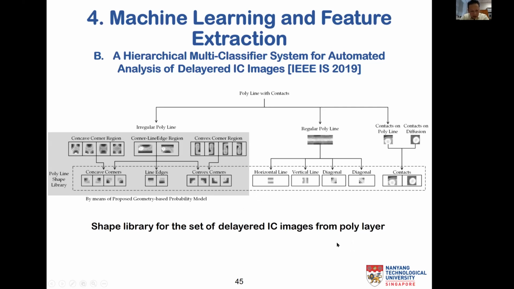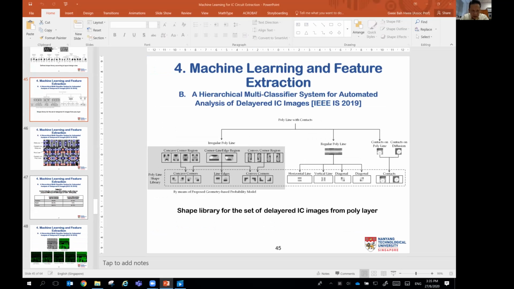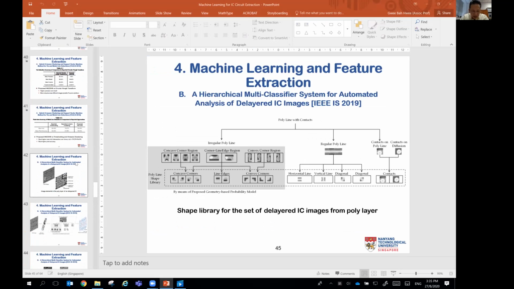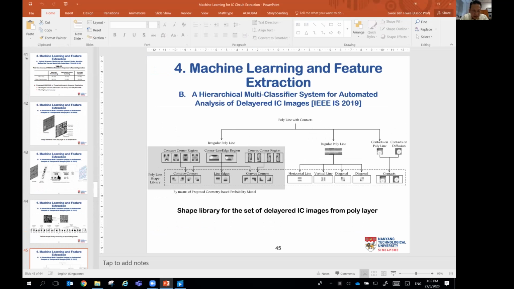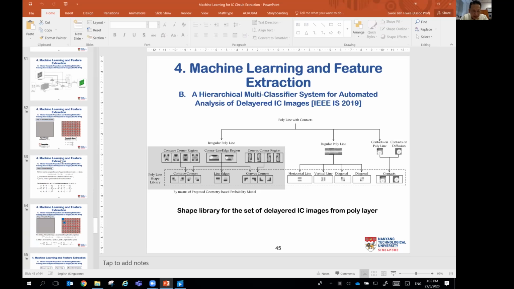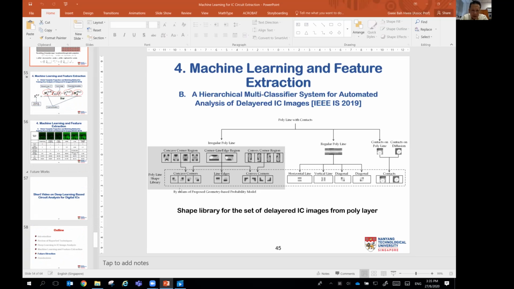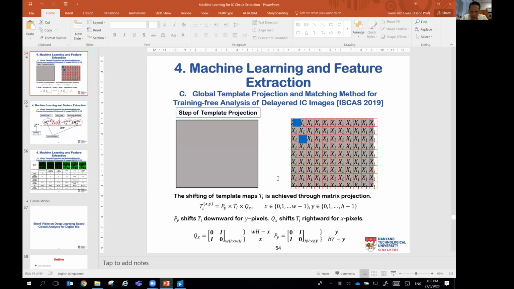Okay. If you want to use it for counterfeit IC detection, we are using the template matching. We are trying to identify if we can locate this template in here. For example, this is an image given to us.